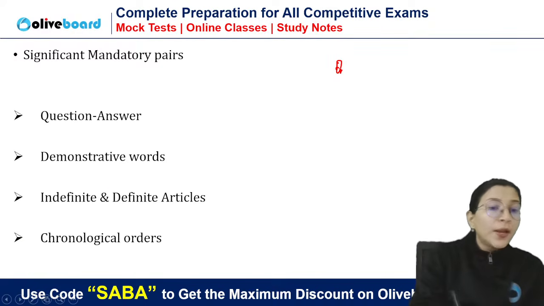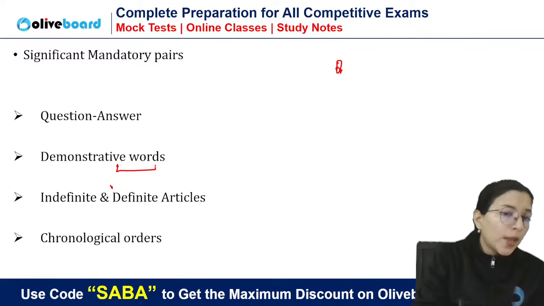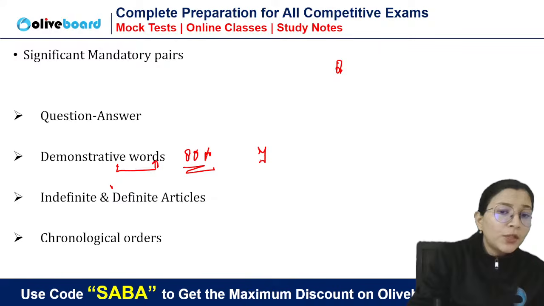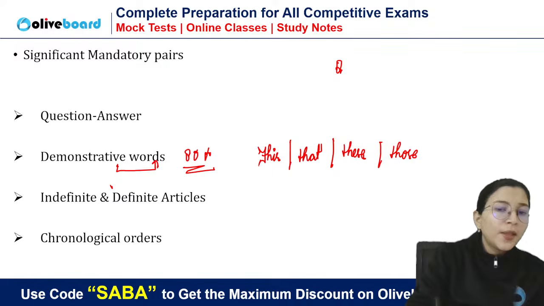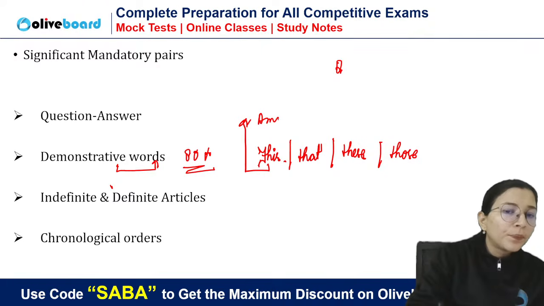Very good. Demonstrative word pairing, I can say that in 80% parajumbles, it will help you. Demonstrative words cannot be the beginning. This, that, these, those, but they help us a lot in forming the pair, because if I say this man, it means before that a man would be given.